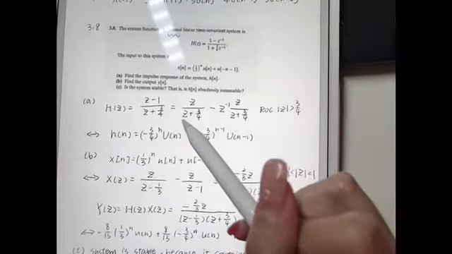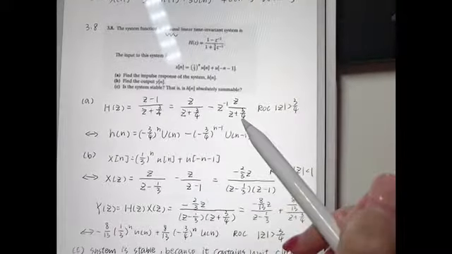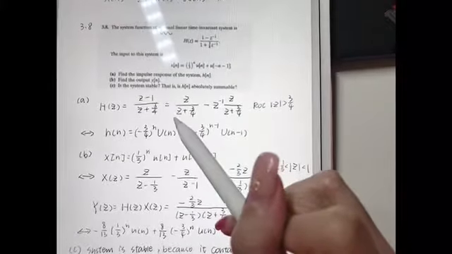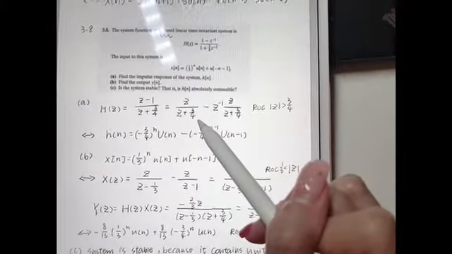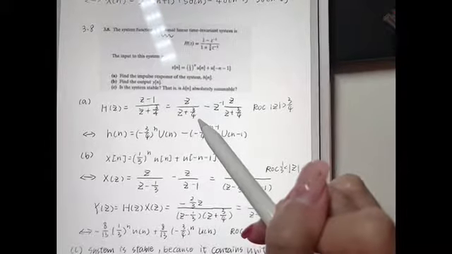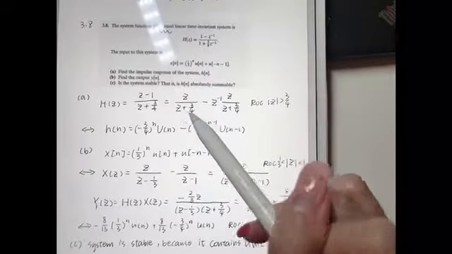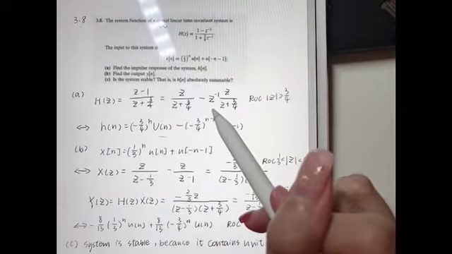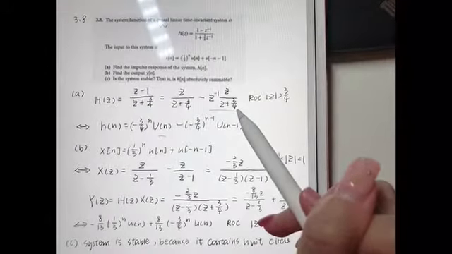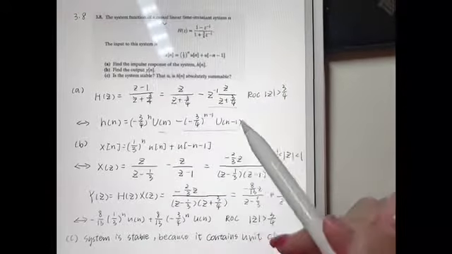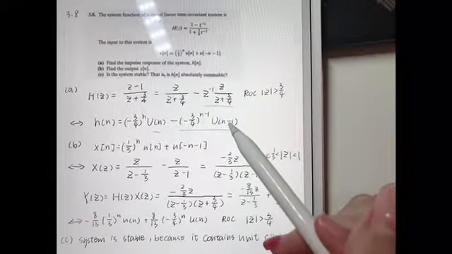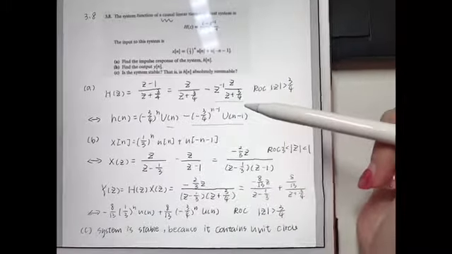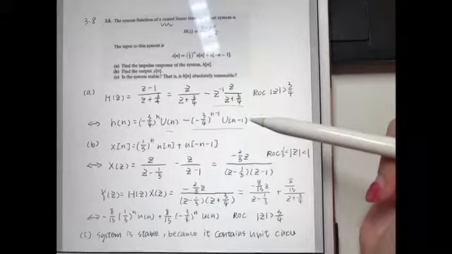When we finally write it into this format, we can easily find that the inverse transform of this part is this part, and the inverse transform of this part is this part. That is based on the time shifting theorem.